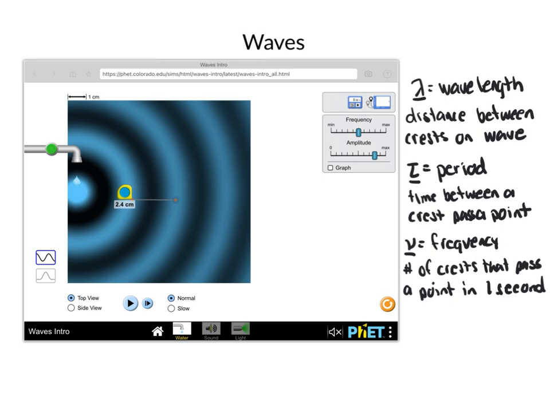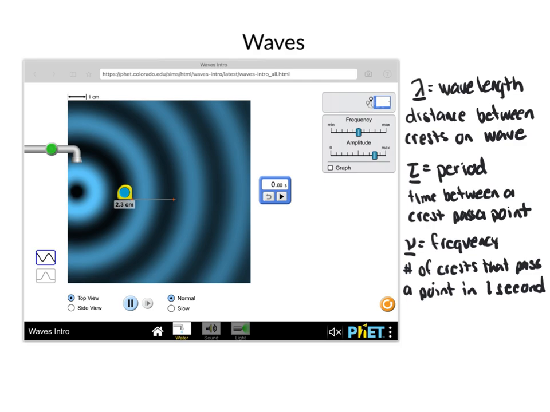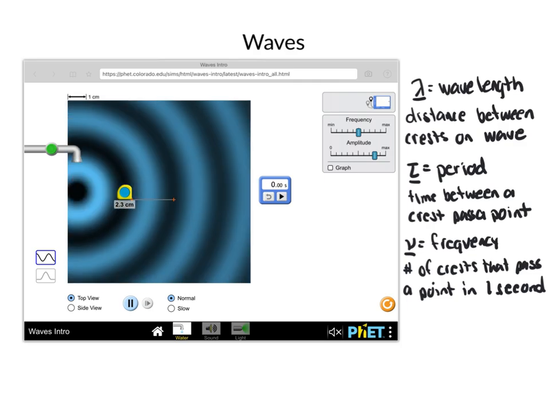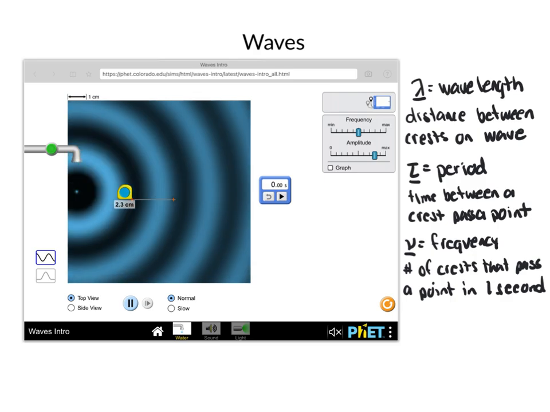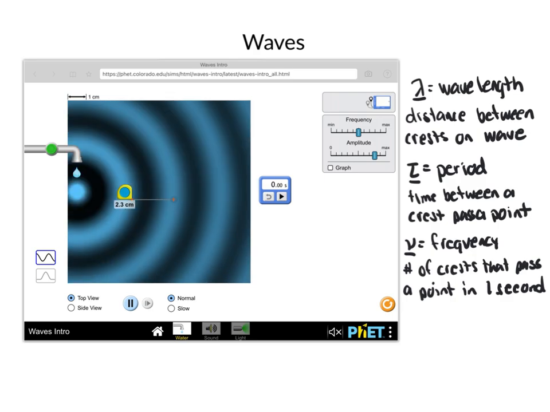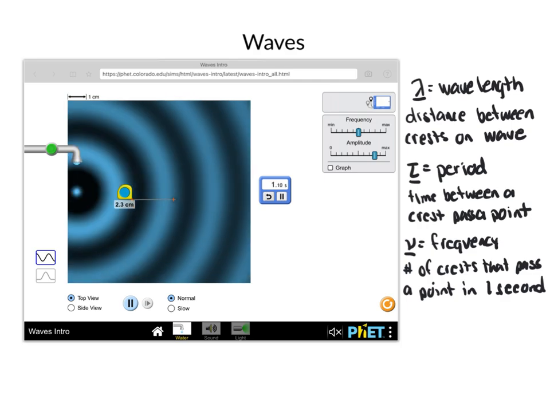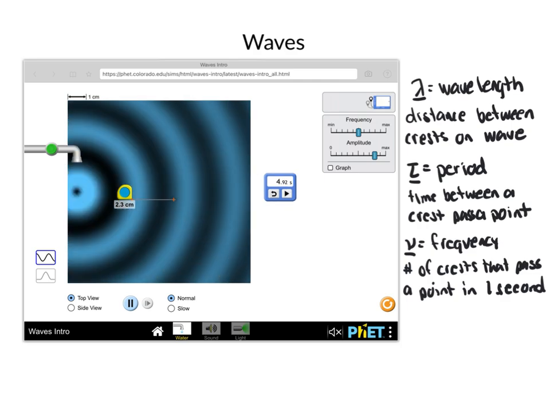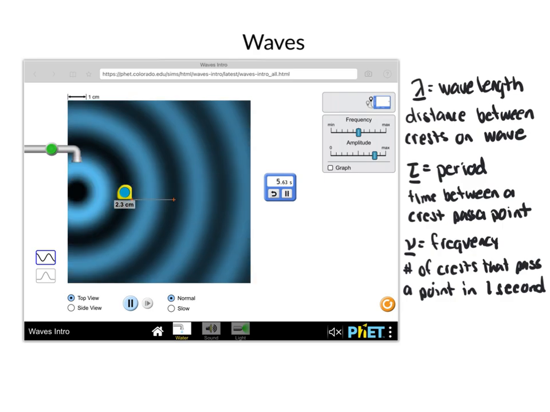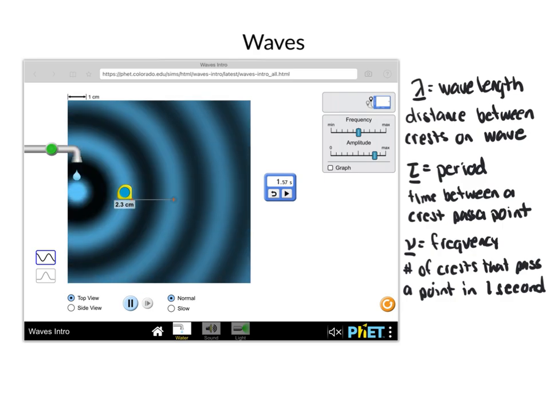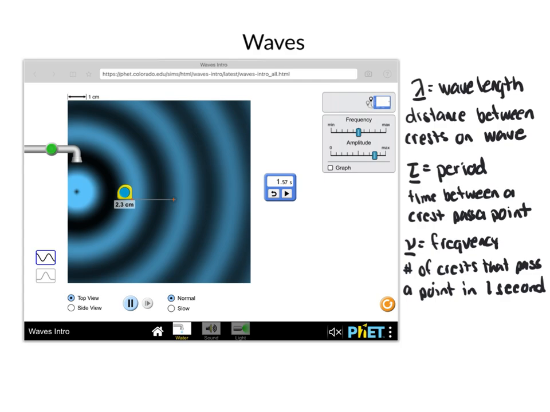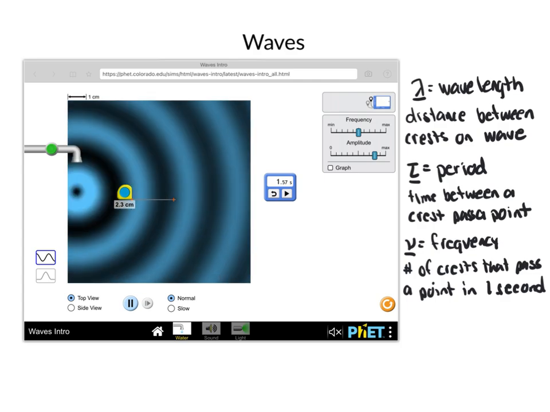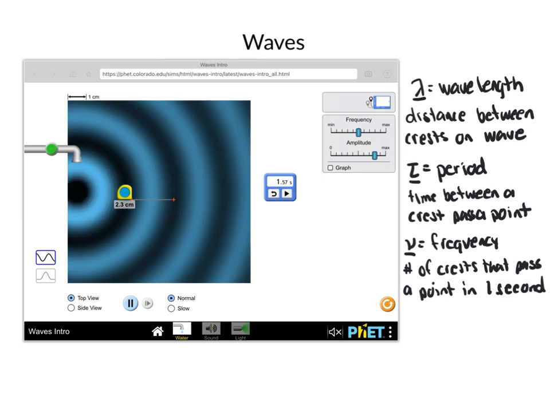If we start the timer right when one crest hits this plus here, and we time until the next crest passes that, we can get the period. And stop. So 1.59 seconds was the period for this particular wave.